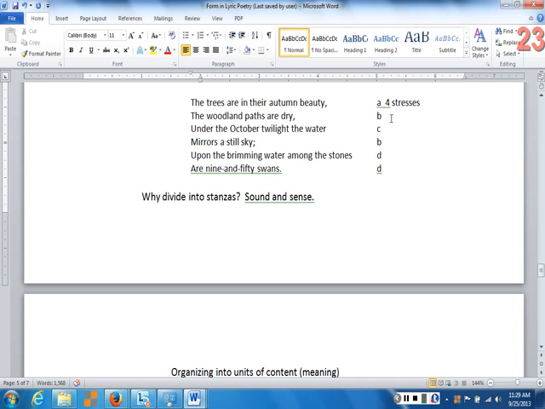Now, the woodland paths are dry. You should be able to hear that that line is shorter. 3 stresses. The woodland paths are dry. And this one, under the October twilight, the water. I'm sorry, 4 stresses, back to 4 stresses.